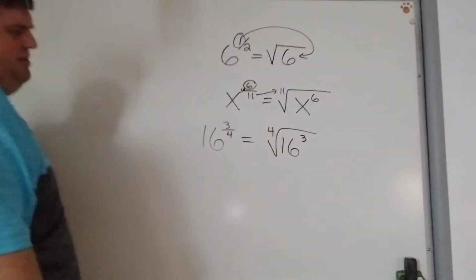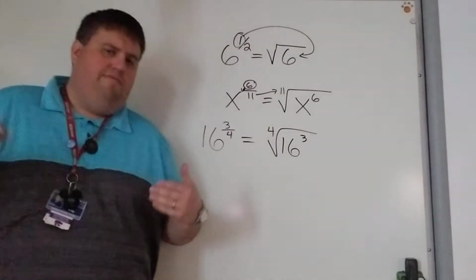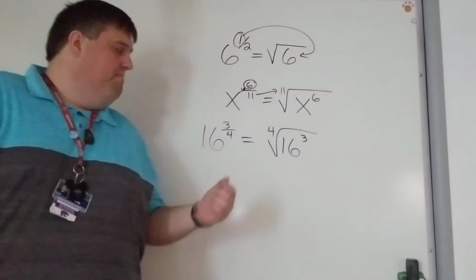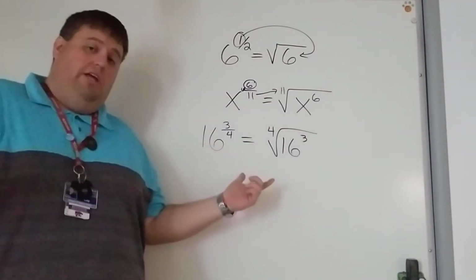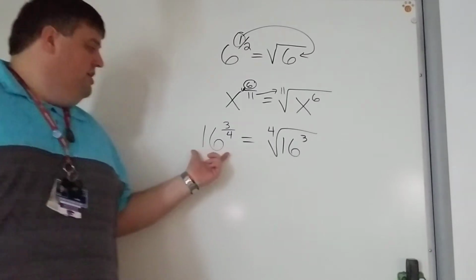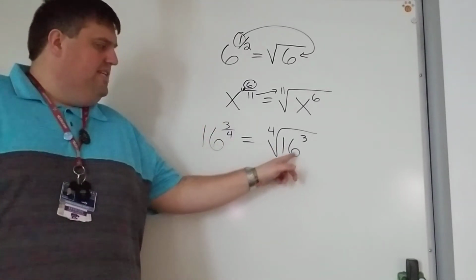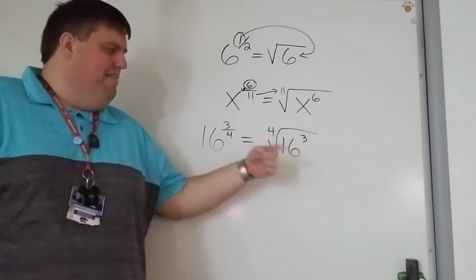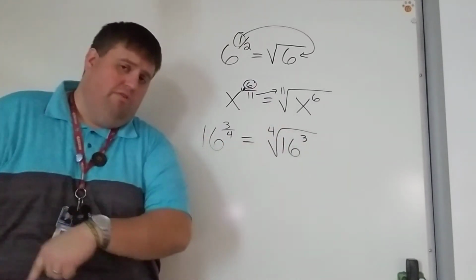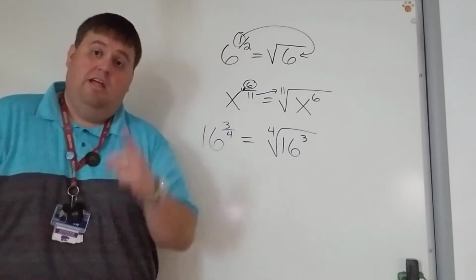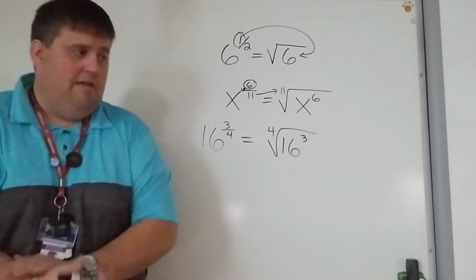That's what kind of root it is. So if I actually wanted to figure out what this thing was, your calculator should be able to do this. You could just do 16 to the 3/4 and it will tell you. Or if you did 16 cubed, got that answer, and then took the 4th root of that number, you could also do that, and they would be the same number, which is pretty cool.